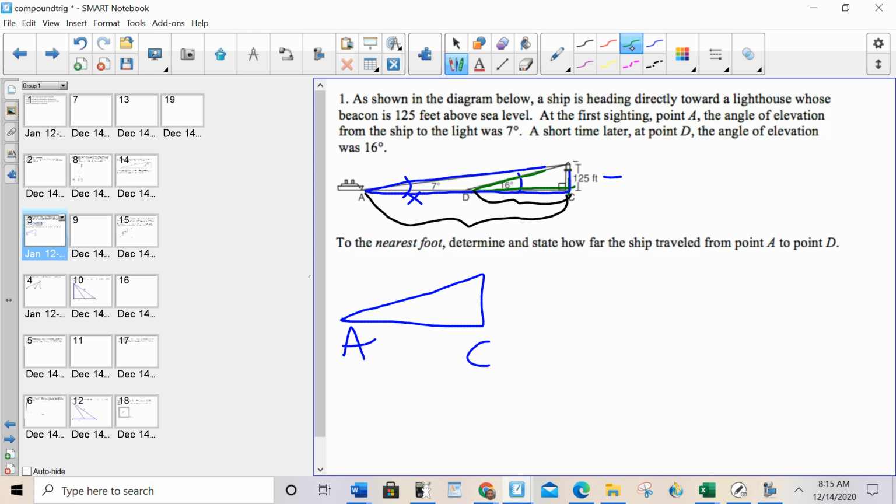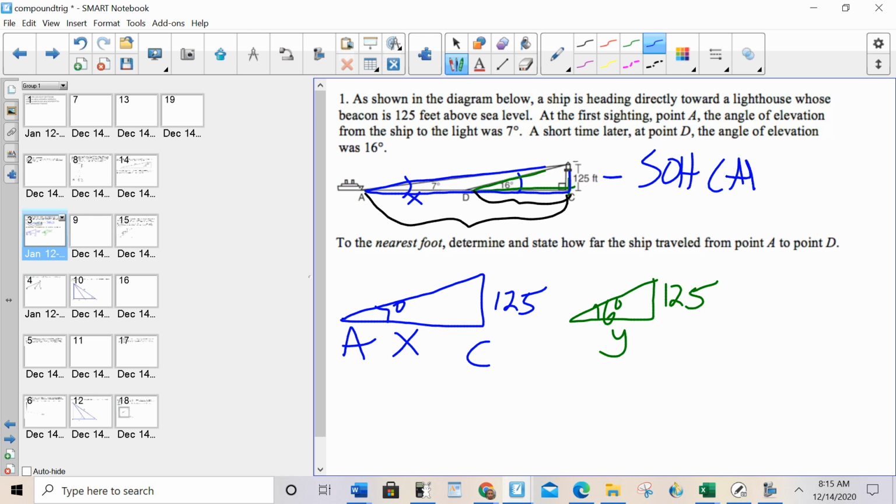And then the 125 is the height, and the angle is 7 degrees, and I'm going to find this side. And then separately, I have my small triangle, the lighthouse, that is still 125. The angle here is 16 degrees, and I'm going to call this Y. And now I'm going to do Sohcahtoa for each of them.